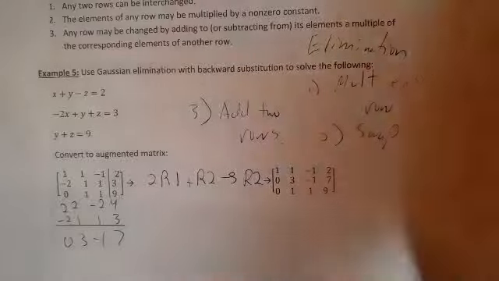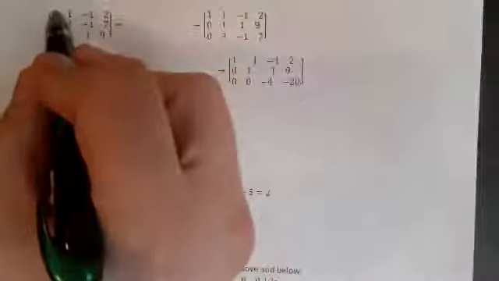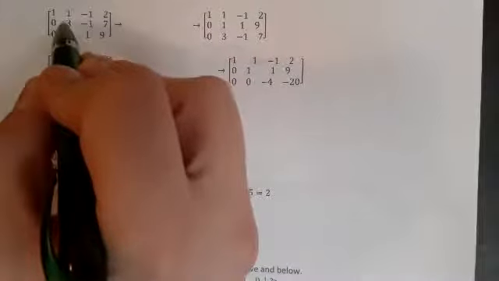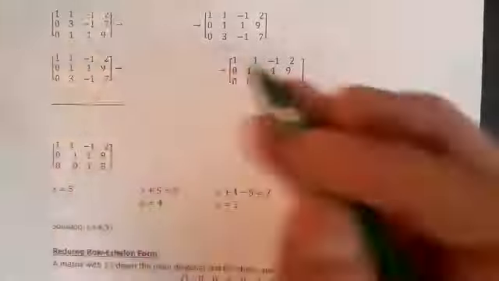Next page, right here. I will give you a little gist of the strategy. The strategy is to get your 1 here and then to get the zeros below it, and then you get your 1 here and then you get your zeros below it.